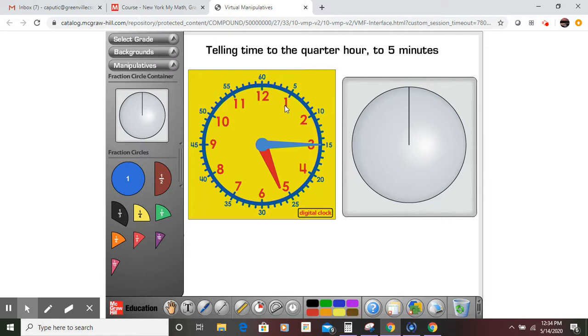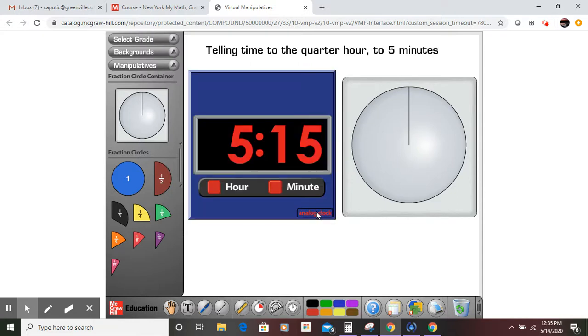But these numbers are groups of 5 minutes. So we can skip count by fives to get us there faster. So 5, 10, 15, or three groups of five. So if you said Barney's breakfast was at 5:15 in the morning, you are correct.